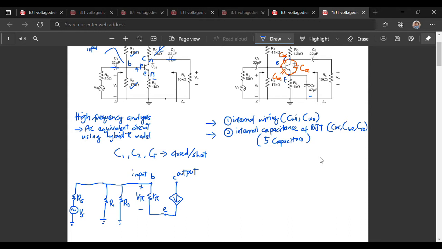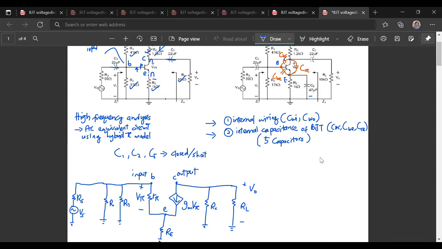Then at the output, at the collector, we have RC, and then C2 is a closed circuit, and then we have RL. Here we have V out. Okay, and then another one is RE. This is gm V pi.